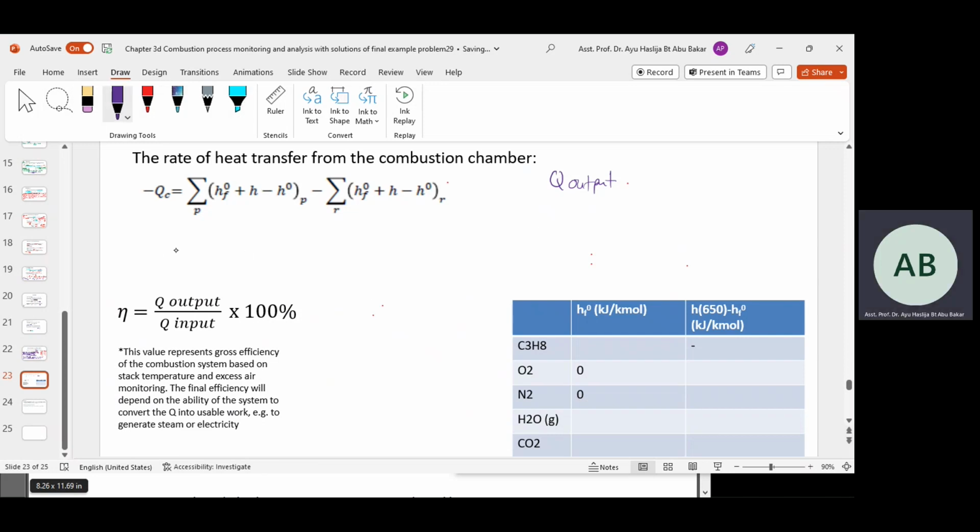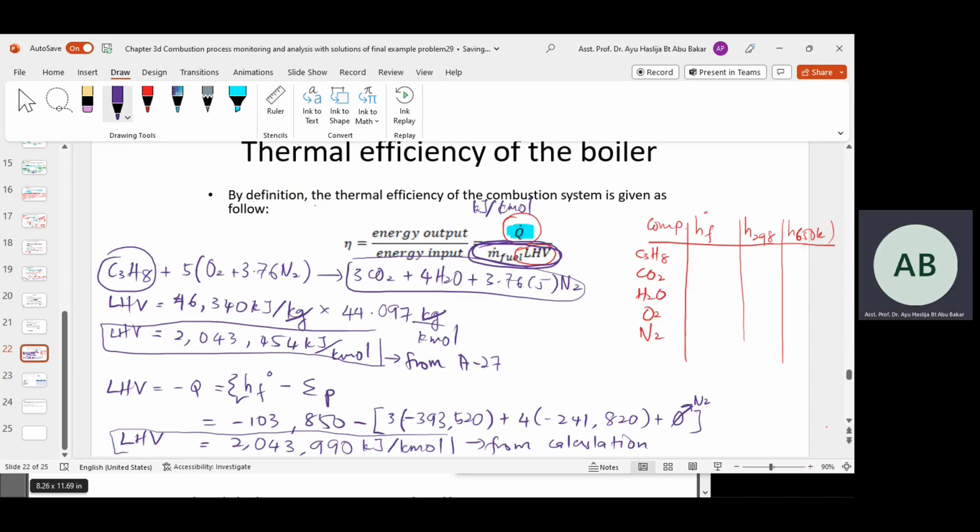Try to calculate and you will get one figure of Q. From that figure, divide by the LHV just now, which is the Q input, then you will get the thermal efficiency. Now try to do that.